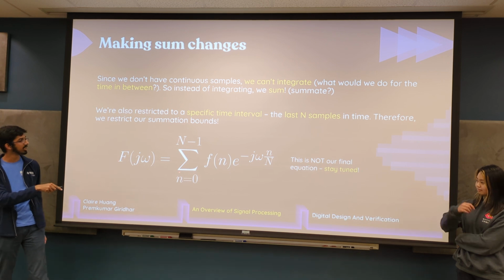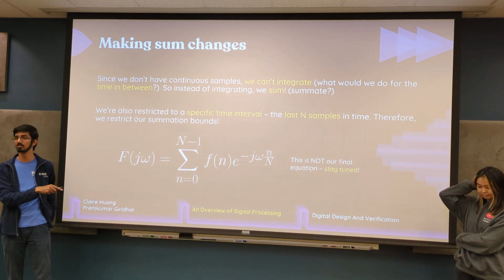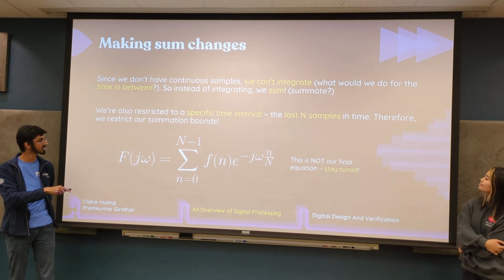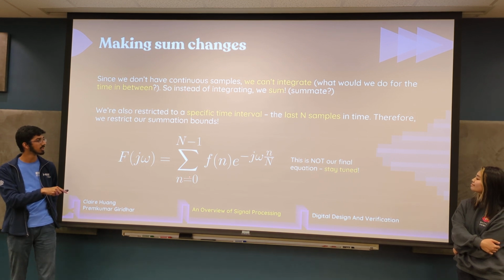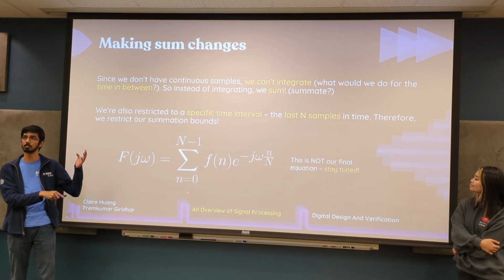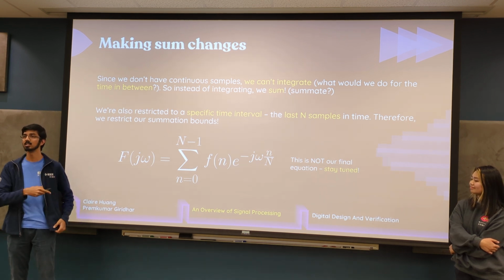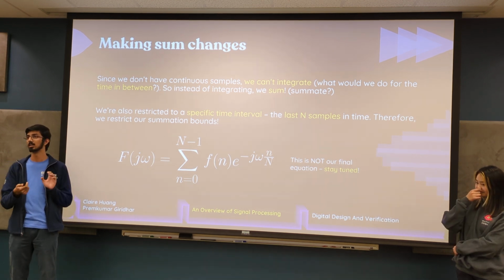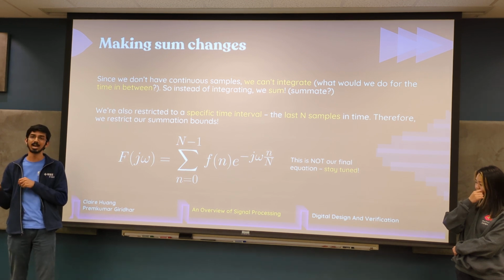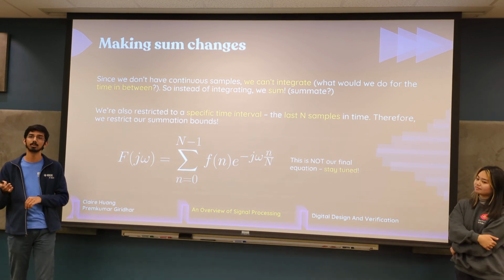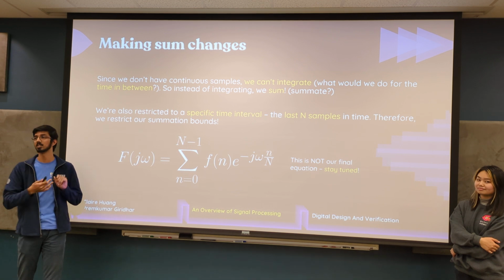So as we see here, now instead of the integral from negative infinity to infinity, we have this summation from 0, which is our first sample, to capital N minus 1, which is our last sample. And of course, with the samples that we store, the concept of time is abstracted away because it's all based on how many samples we have and what our sampling rate is.